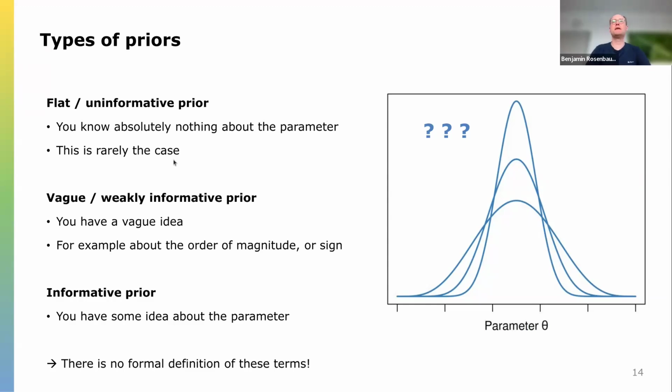Specifying a flat prior in BRMS is easy: you just don't specify a prior for this specific parameter, then automatically it's a flat prior. So if you do not add this information in BRMS, you're not using any prior, with the exception of the intercept and the standard deviation, which always have a default prior in BRMS.